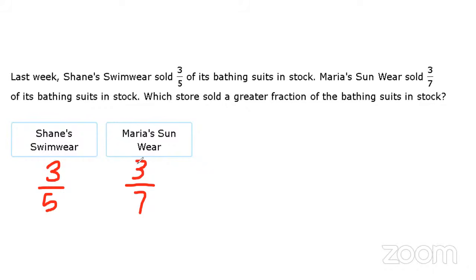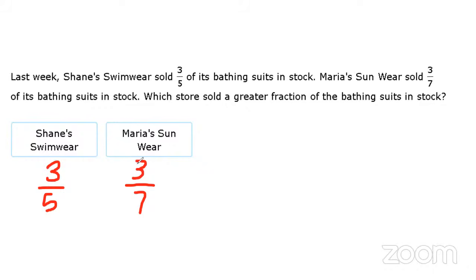So tell me, why did you choose whatever answer you chose for your correct answer? Why did you choose Shane, God bless Hewlett, and 65? Why did you choose Maria, Nardia? Simone, why did you say Shane's? Kalian, why did you say Shane's? Go ahead. When you put your answer, tell me why. Shane's swimwear because. Maria's sunwear because. Go ahead and share your answer. Why did you choose that?